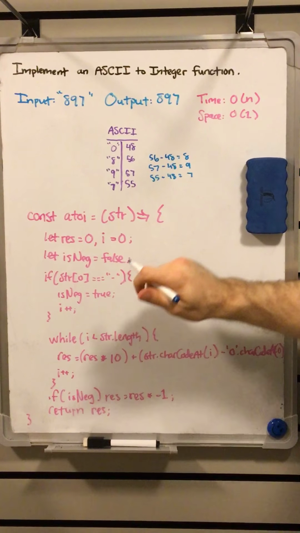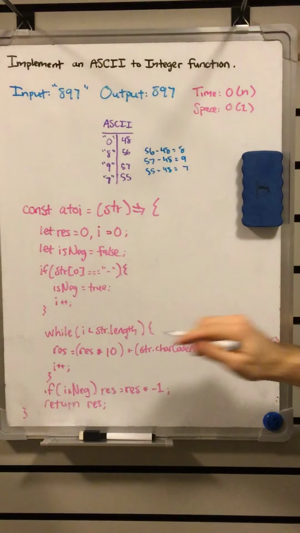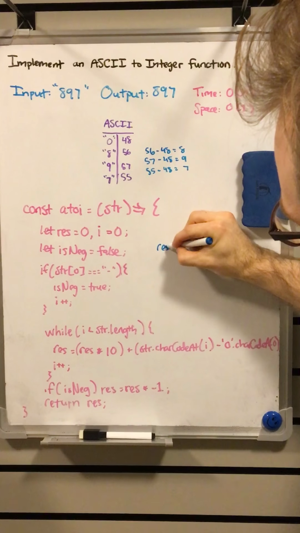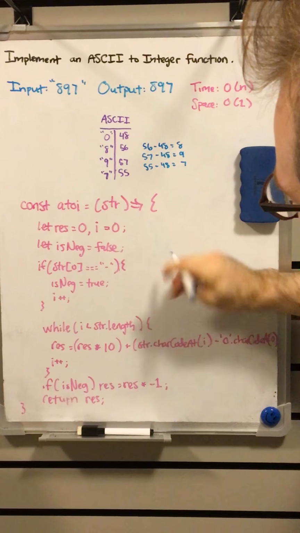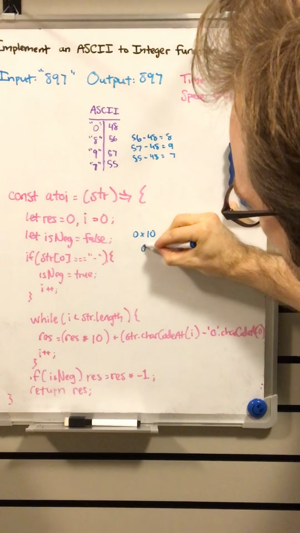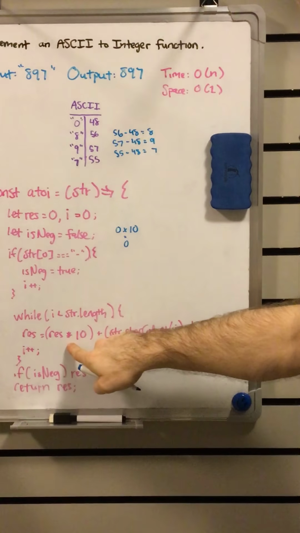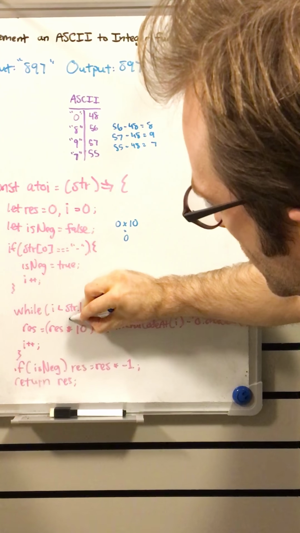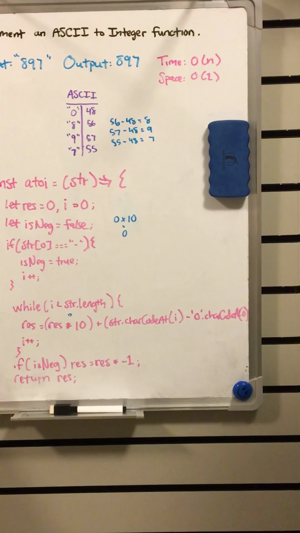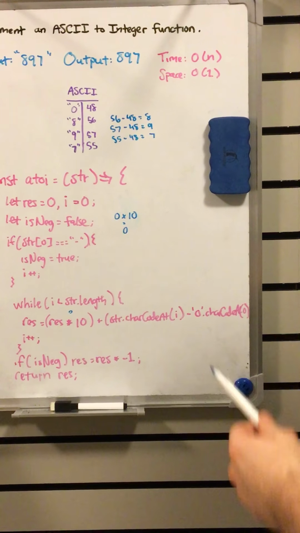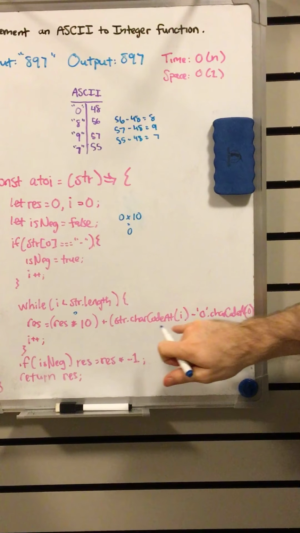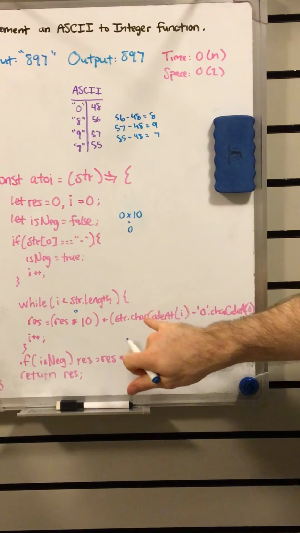We take the res, which is 0, and multiply it by 10, so 0 times 10 gives us 0. Then we use this ASCII character lookup function called charCodeAt, and we pass in the index.